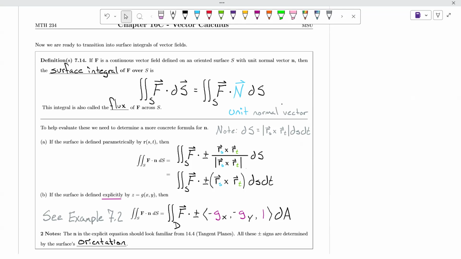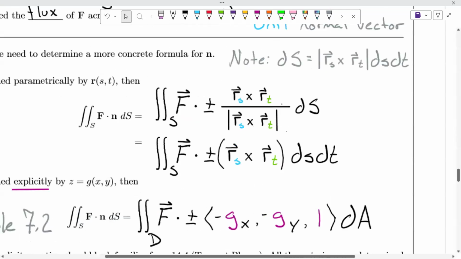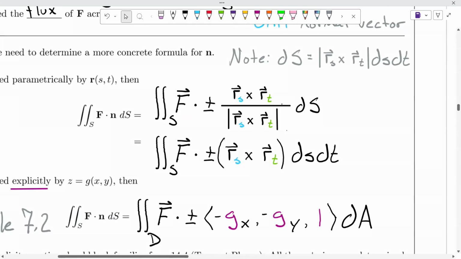To simplify that a bit, that unit normal vector has a value, at least if it's a parametric equation, which remember even the explicit function can be written out parametrically, of the cross product of the two partial derivatives divided by the magnitude of the cross product of the two partial derivatives. But a rather handy simplification comes out when I multiply the unit normal vector with dS.